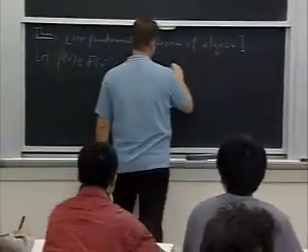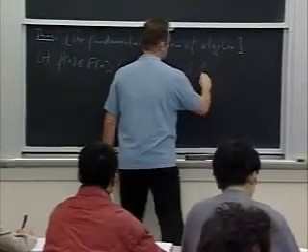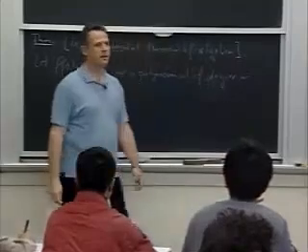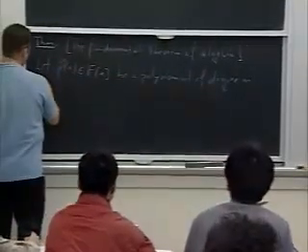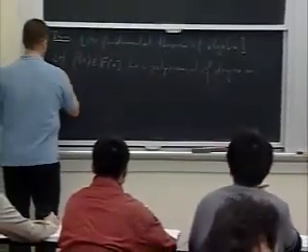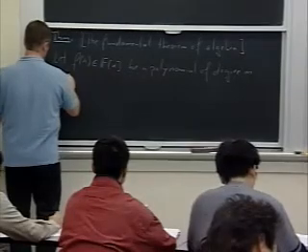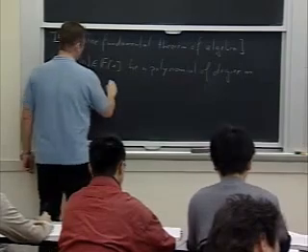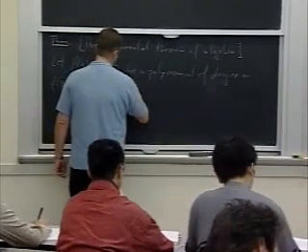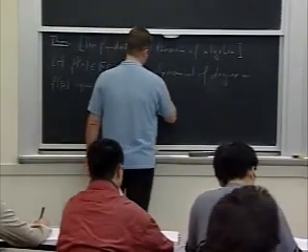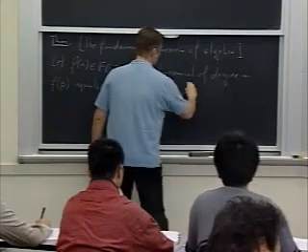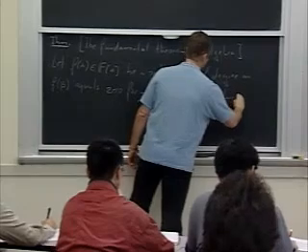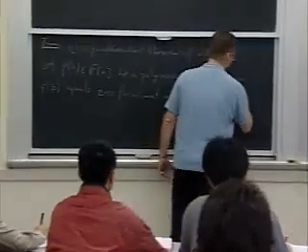Let f(x) be a polynomial of degree m. Then the number of beta with f of beta equals 0 is at most m.